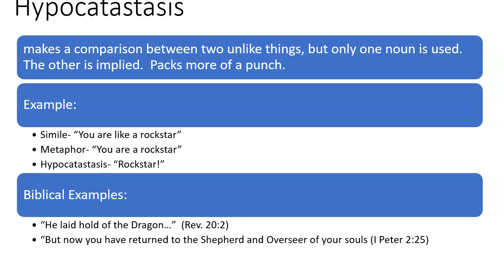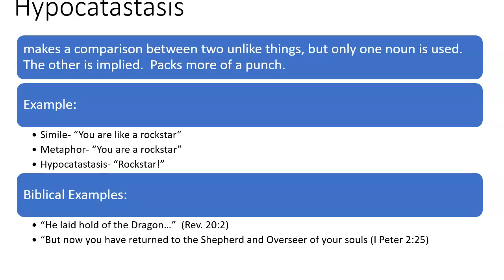You're gifted. This is a great thing that you've just done. That's a simile. Metaphor would take out the like or the as and say, you are a rock star. Hypocatastasis would take it one step farther and look at you and go, rock star. Do you see how that goes? So hypocatastasis is going to drop out the other side of the comparison, and you just have to infer it.